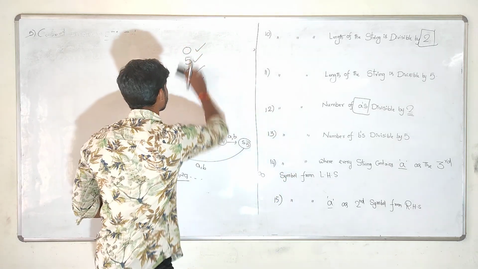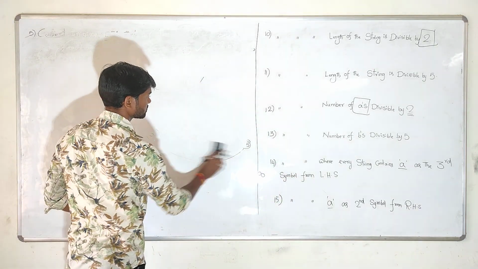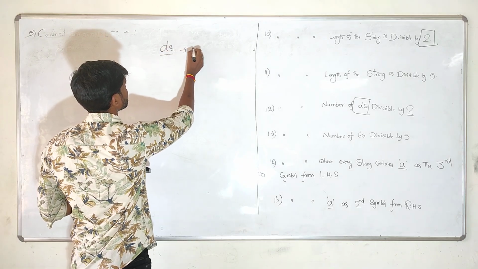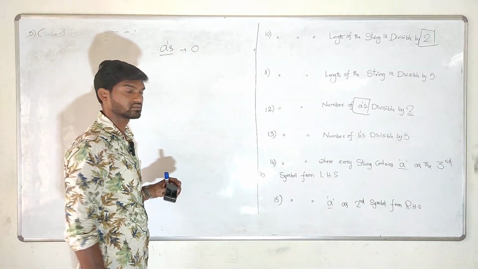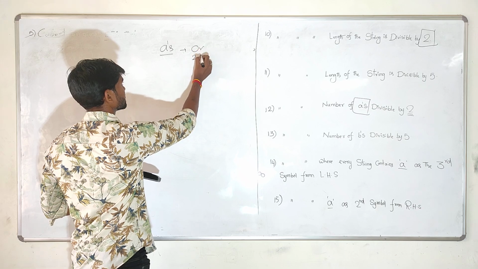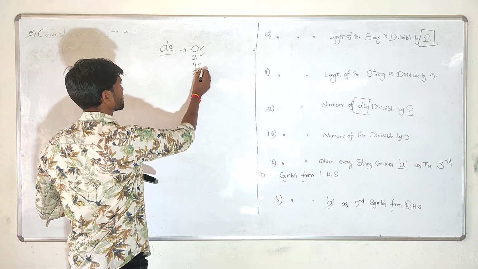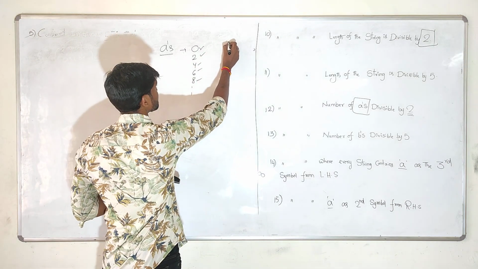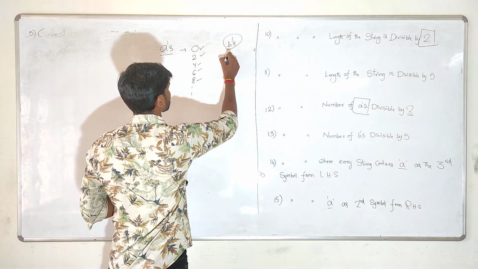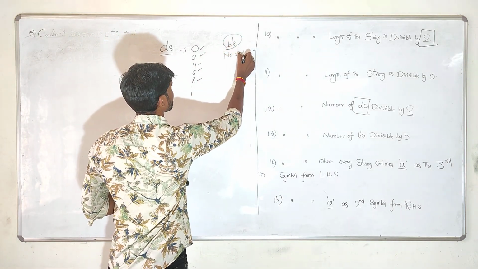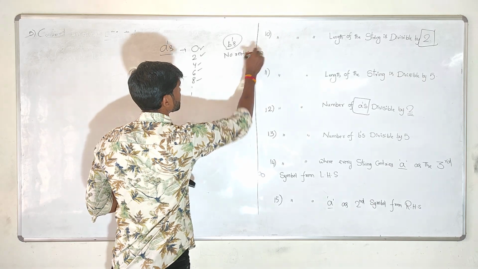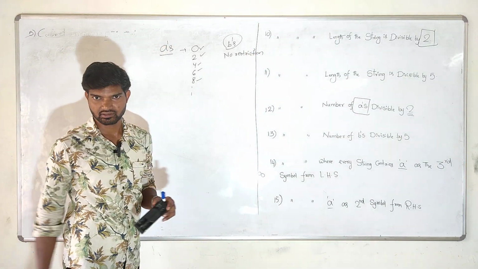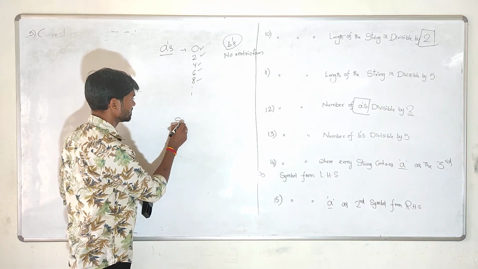See, 0 number of A's is accepted, 2 number of A's is accepted, 4, 6, and 8 number of A's are accepted. But there is no restriction on B's. Any number of B's is okay for us, but the restriction is on the number of A's only.